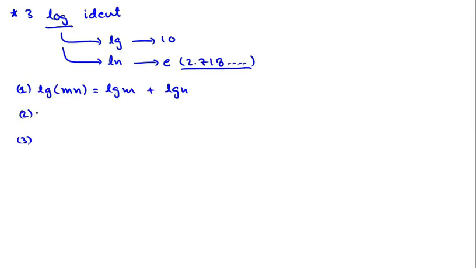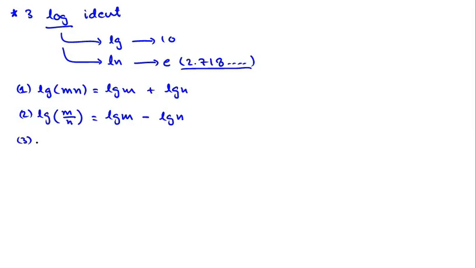Second logarithmic identity or property, which is also known as quotient rule of logarithm, says that log of a quotient m over n can be written as log of m minus log of n. That is, log of a quotient can be simplified as log of numerator minus log of denominator, right?